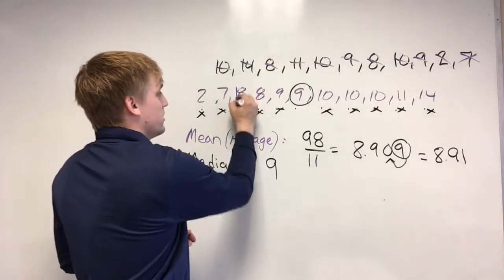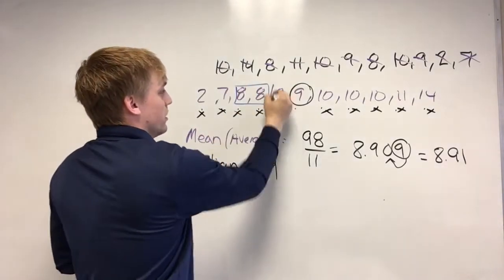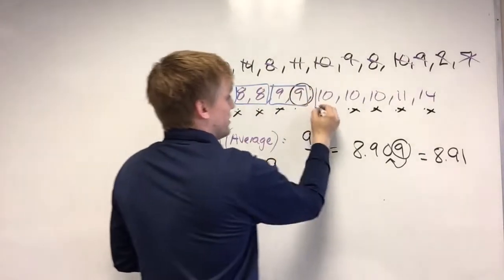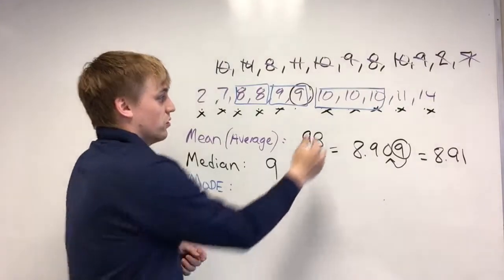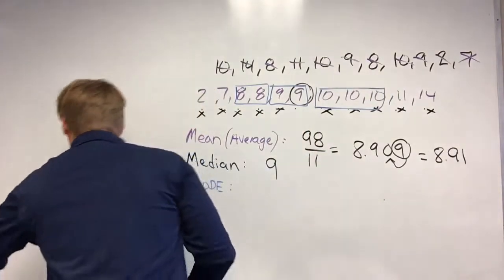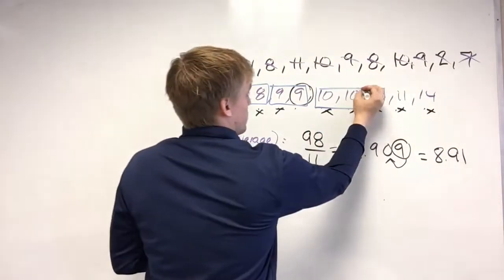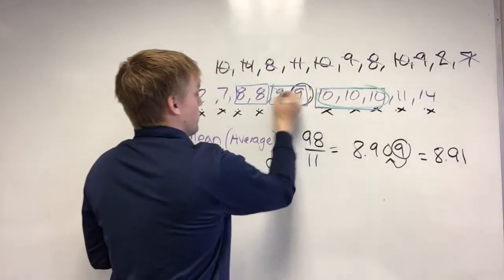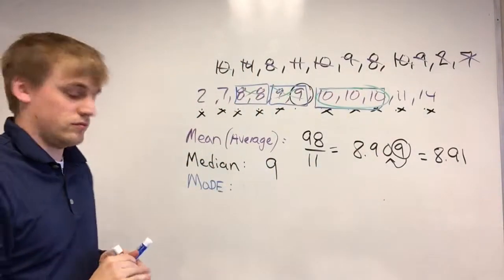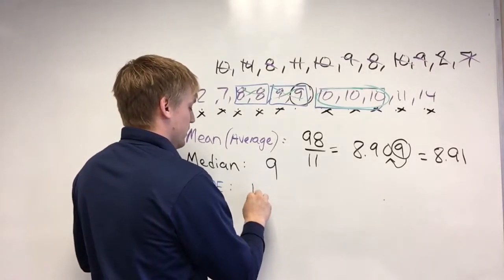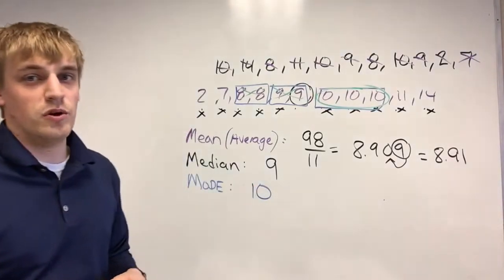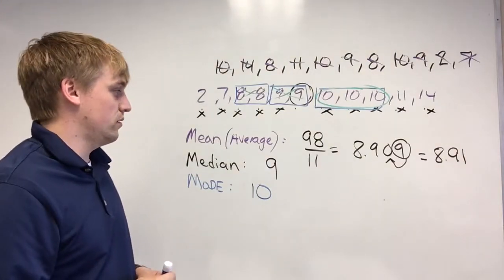This occurs twice, 8 occurs twice, 9 occurs twice, but 10 occurs 3 times. So 10 is our mode because it occurs more often than these two. So the mode in this data set is 10.